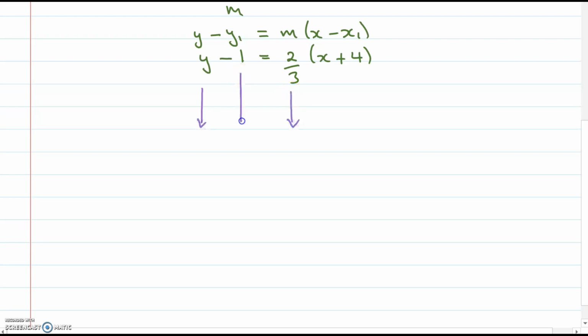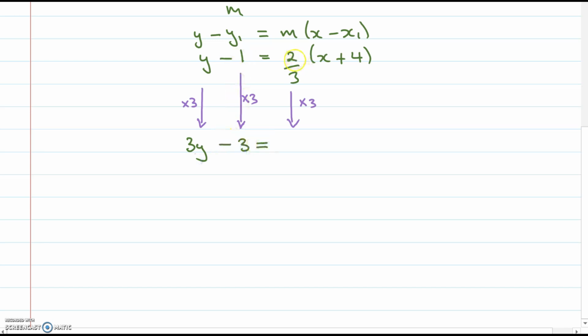Okay, and when the slope is a fraction, you multiply everything that isn't in parentheses by the bottom of the fraction. So multiply it by 3. Okay, everything that isn't in parentheses is now going to get multiplied by 3 because we had 3 in the bottom. Okay, so 3 times y is 3y, minus 1 by 3 is -3.